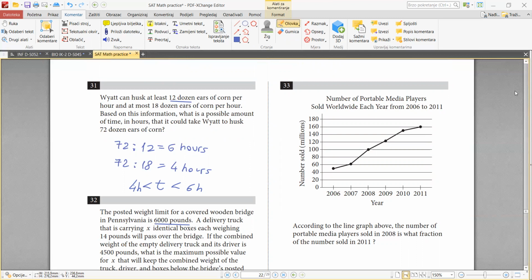So we have the number of portable media players sold worldwide each year from 2006 to 2011. According to the line graph above, the number of portable media players sold in 2008 is what fraction of the number sold in 2011.